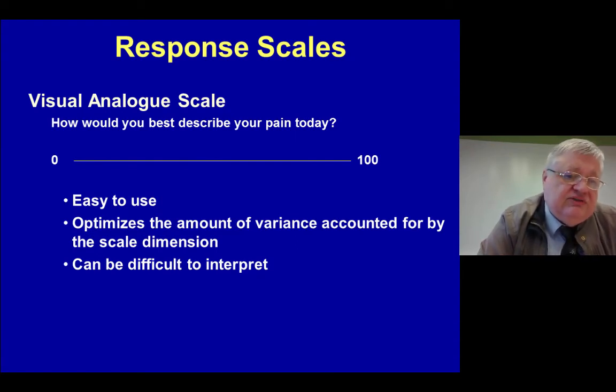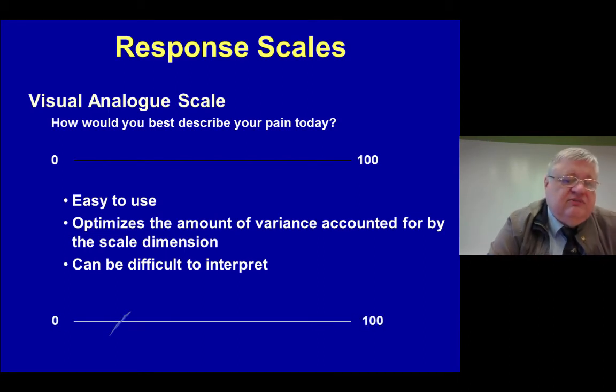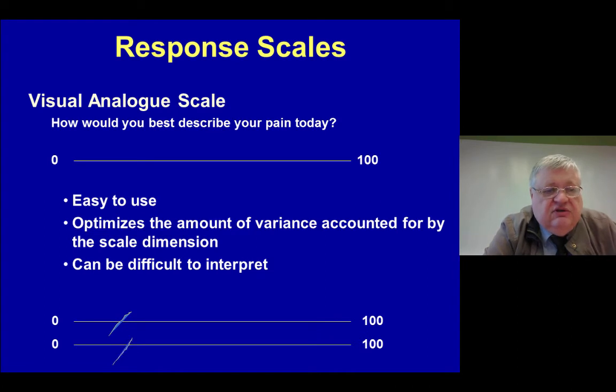The problem is it's difficult to know what it means. What is the difference between someone who does that first one or someone who does the second one? Setting aside the subjectivity around pain itself that's difficult to deal with, I would not know what is the actual magnitude difference between those two individuals.